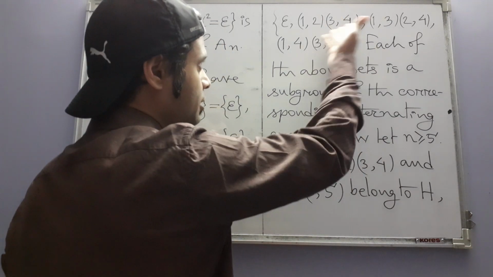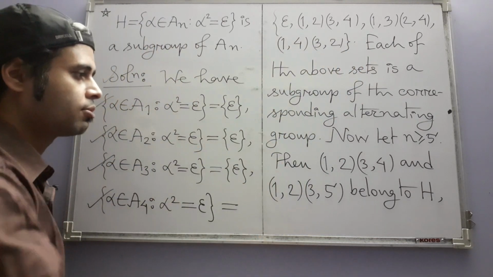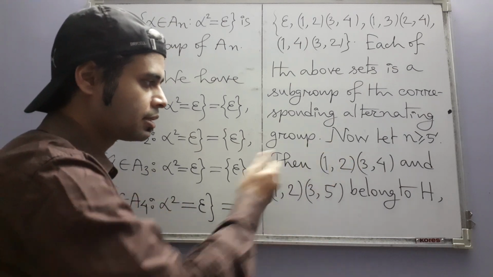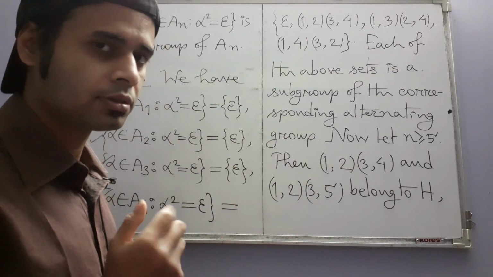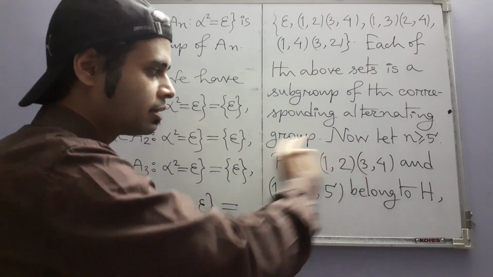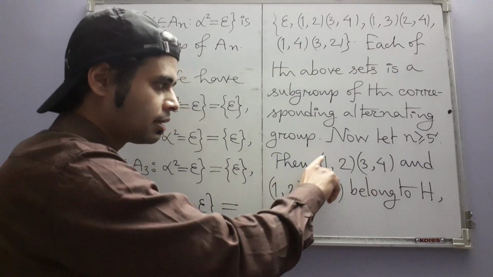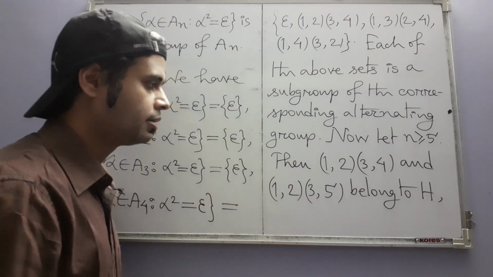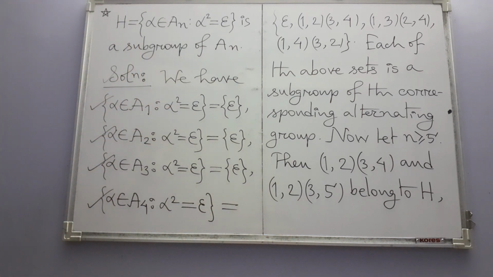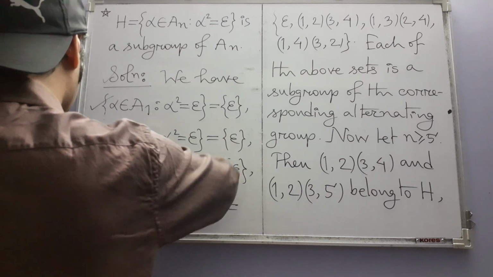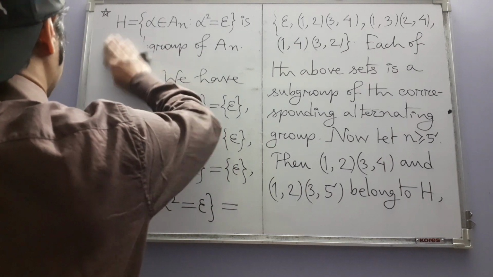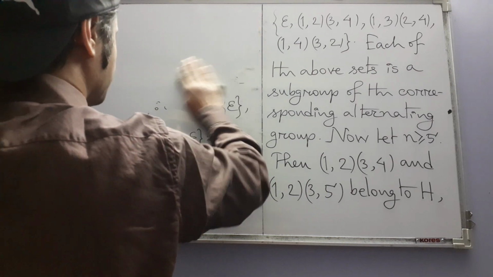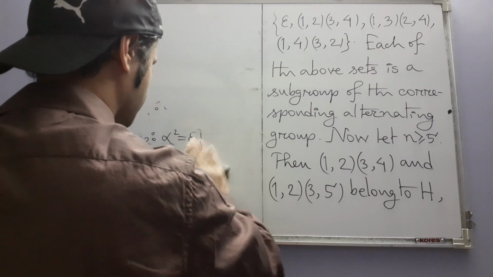Because just like these are elements whose squares equal the identity, here also you can see simply that because the cycles are disjoint and each is a two cycle, the square will get distributed over the cycles and each square then will be identity, so ultimately it becomes identity. So that's why both of them belong to H. However, their product does not belong to H, which is why H fails to be a subgroup of AN.